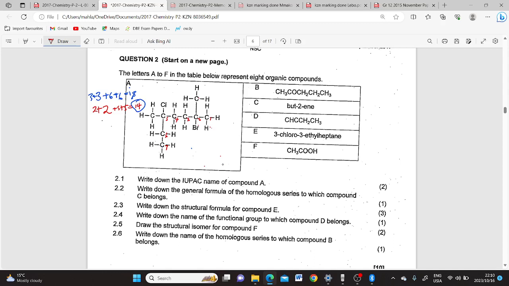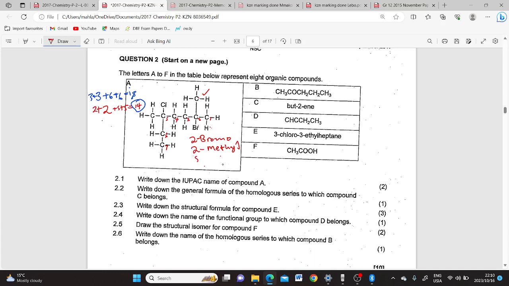Let's just assemble them. So we're going to have 2-bromo, then another one we have 2-methyl, which is this one. Then we move on to 3, 4, 5.